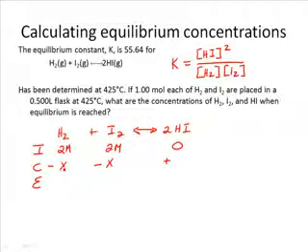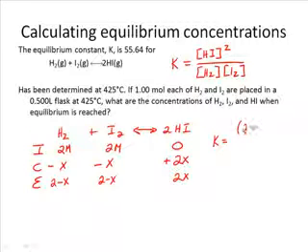And then the hydrogen iodide has a coefficient of 2, so the change there is going to be 2 times X. Okay, so now we're going to get an expression down here where we have 2 minus X, 2 minus X, and 2X. And so we're going to plug that in. When I do that, I get 2X squared divided by 2 minus X times 2 minus X.